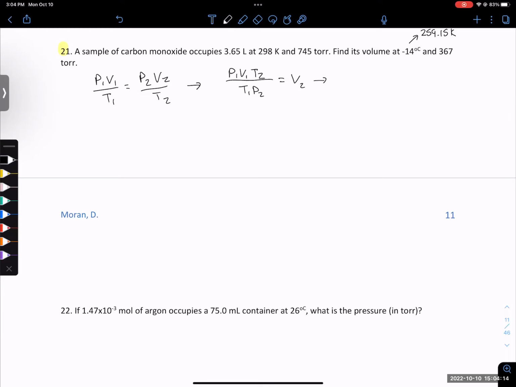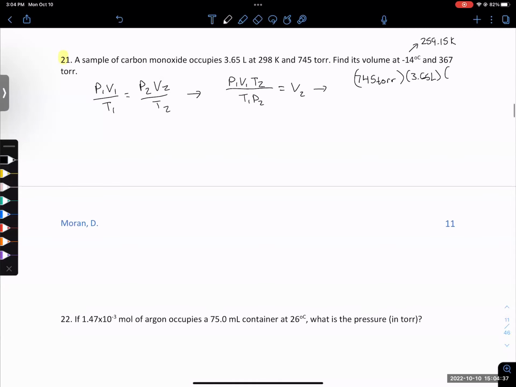So from here, we have P1 was 745 torr. That was really bad, sorry. And then V1 was 3.65 liters. And then T2 was 259.15 Kelvin over T1, which was 298 Kelvin.